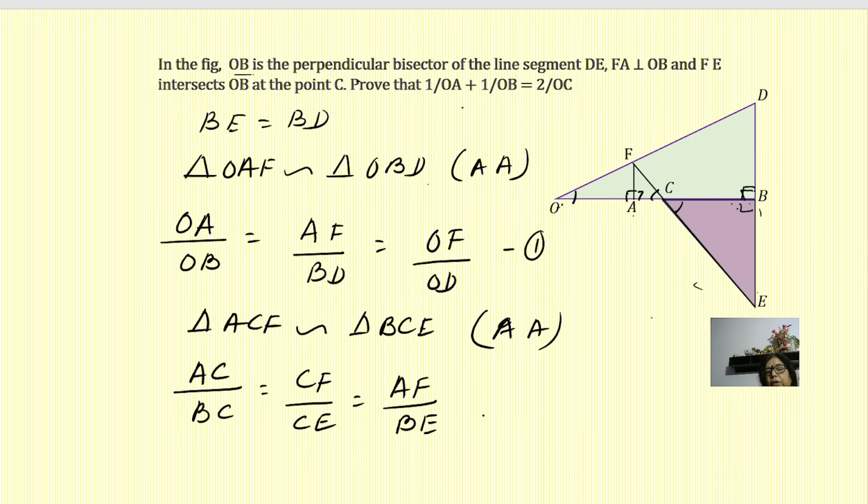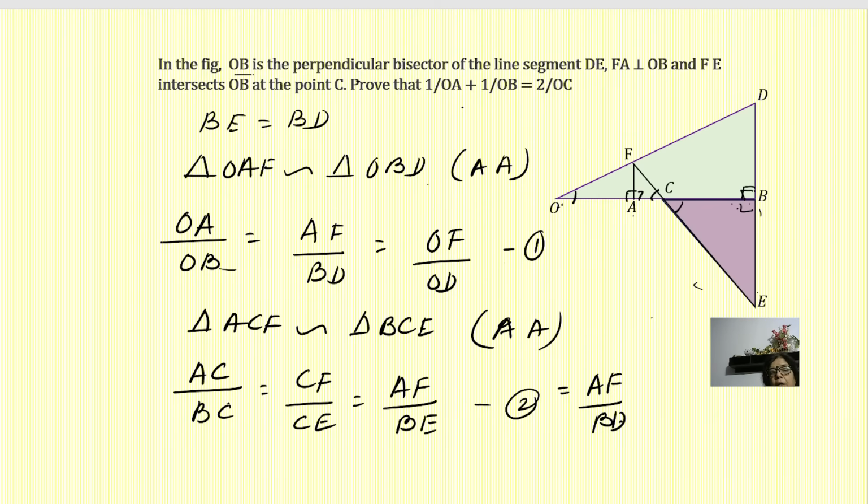Now look at these two relations over here. BD is equal to BE, so I can write this also as AF by BE. That means all the three ratios over here are equal to the three ratios here, because AF by BD is equal to AF by BE.